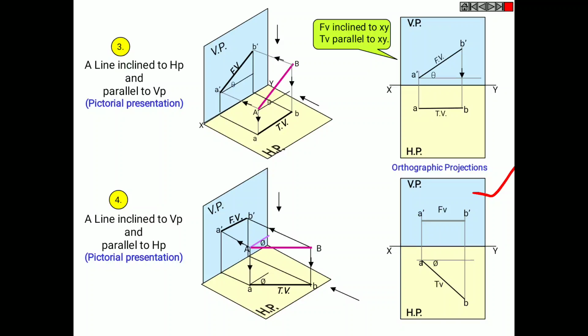The top view is observed in the horizontal plane, which is inclined to VP. Inclined to VP is observed in HP, and parallel to HP is observed in VP. This is your third case, and this is your first case. Here, top view inclined to XY, front view parallel to XY.